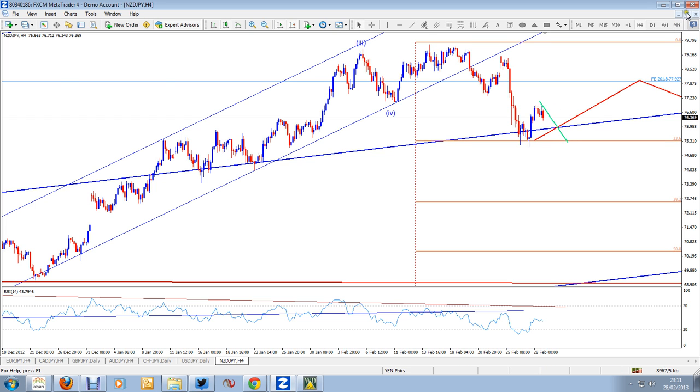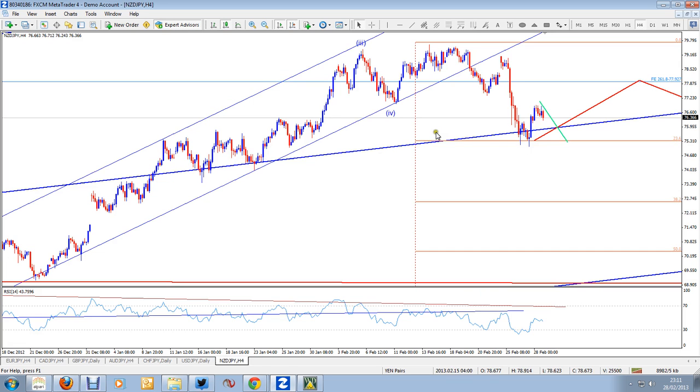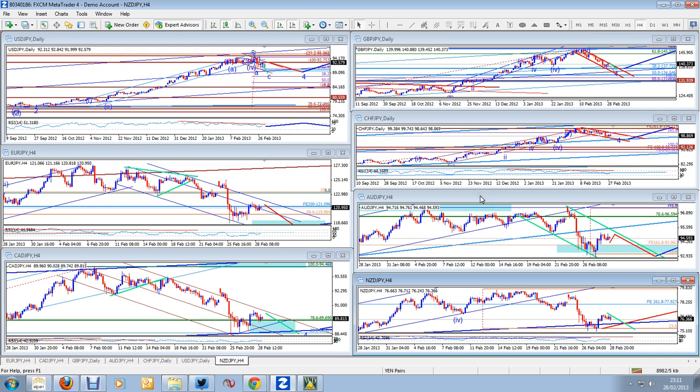In fact, I think maybe next week sometime they should be completing their retracement, and then yen pairs will continue higher. So yen should correct a bit more.